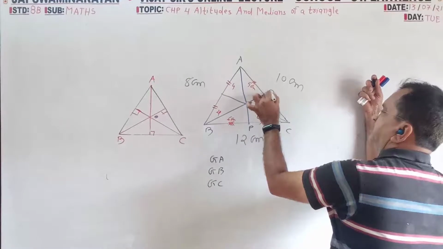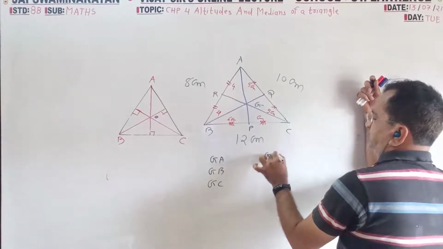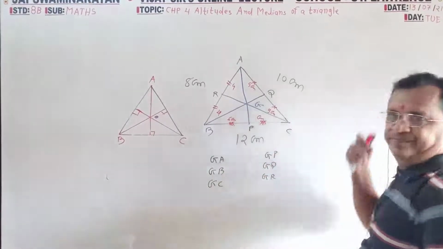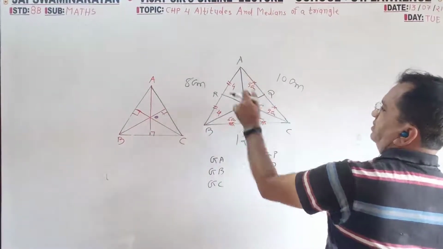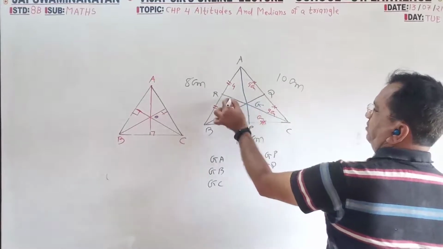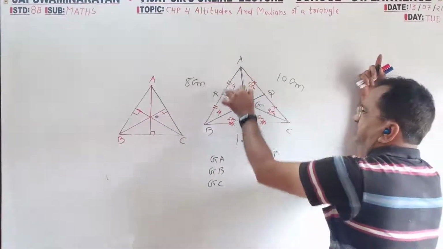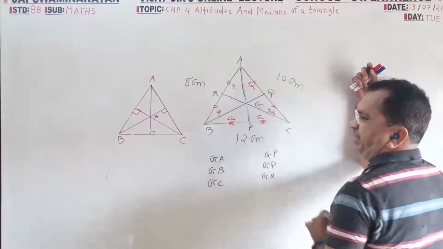This is P, Q, R, GP, GQ, GR. You have to measure this big part, small part, big part, small part, big part, small part. All three medians are divided into two parts, big part and small part.